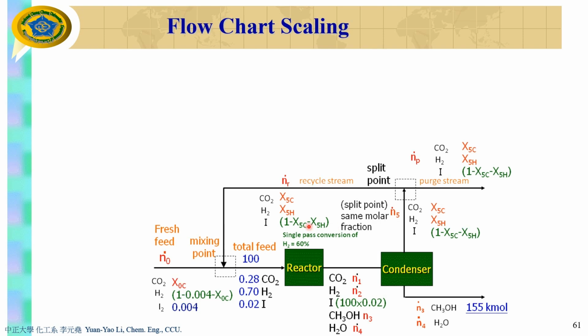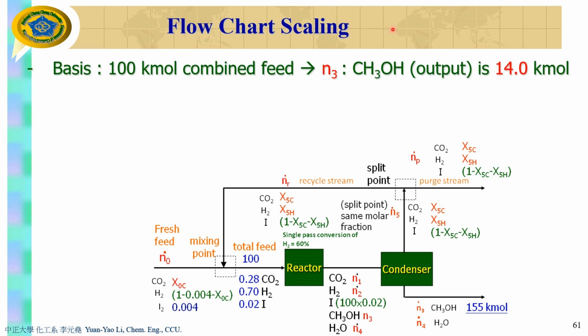Okay, next one is flow chart scaling. This is another key, because remember we already know this is 155 kilomoles per hour output for the methanol, but we made it an unknown. So once we got N3, that means we need to do the scaling, right?